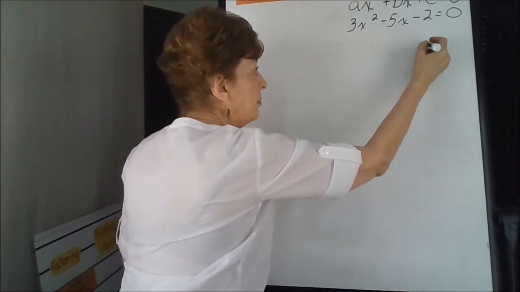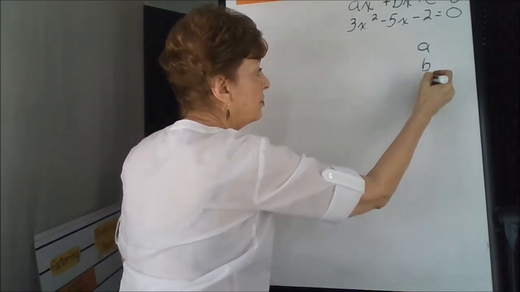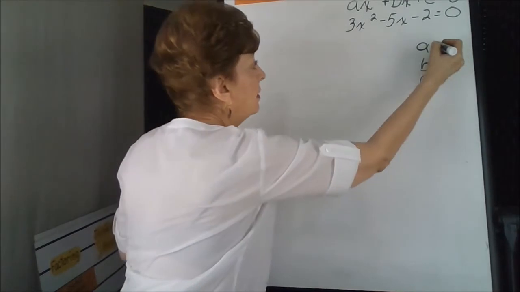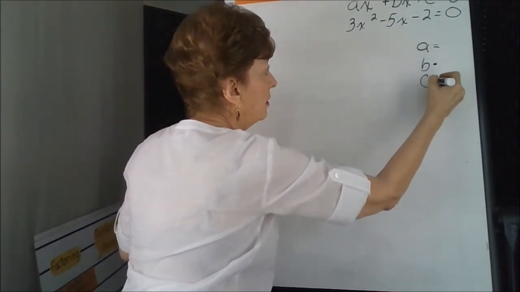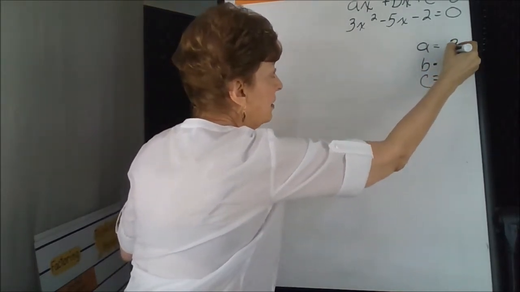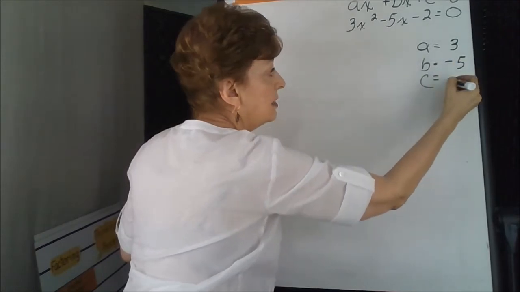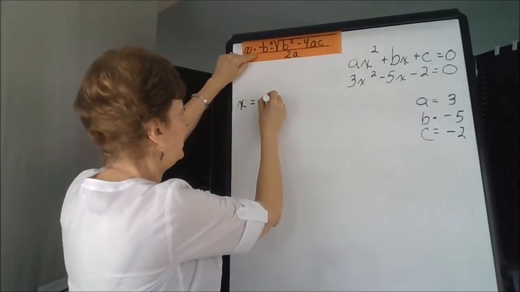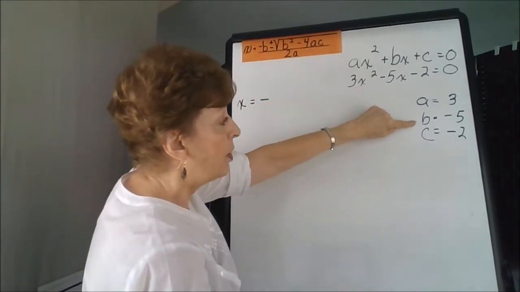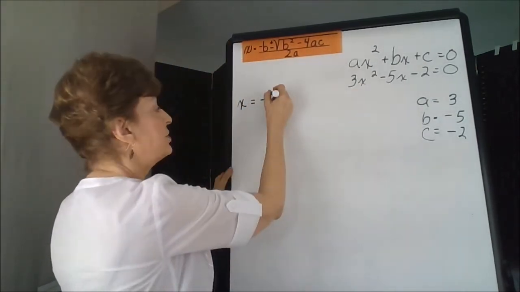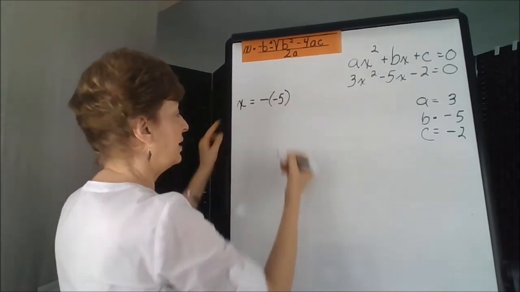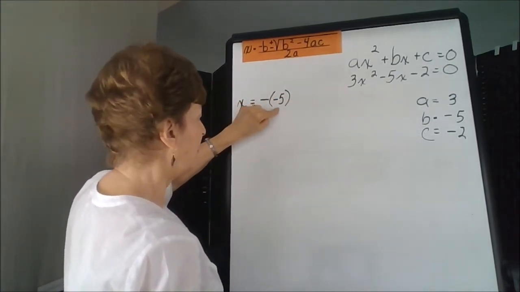Now it's easy to pick out our a, b, and c terms with the proper sign. Our a is 3, b is negative 5, c is negative 2. x is equal to the negative b. b is already negative, so just throw a parenthesis and put it in here so you get the correct math later.